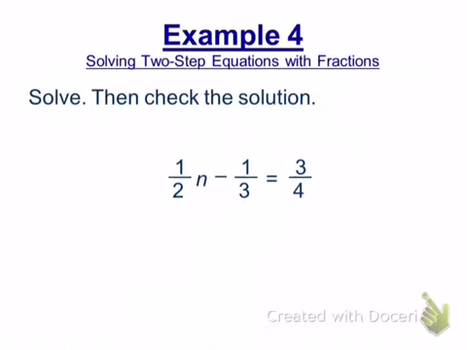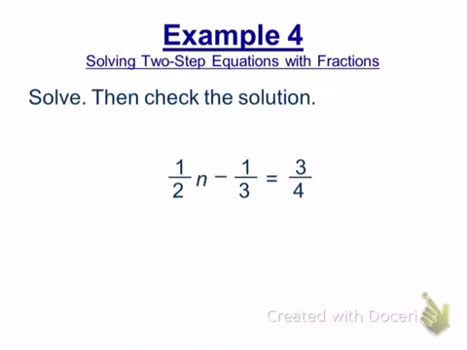And that's one reason why you should never, ever do your answer as a mixed number. If you're going to use a mixed number and check it, then you have to change it back to a what?